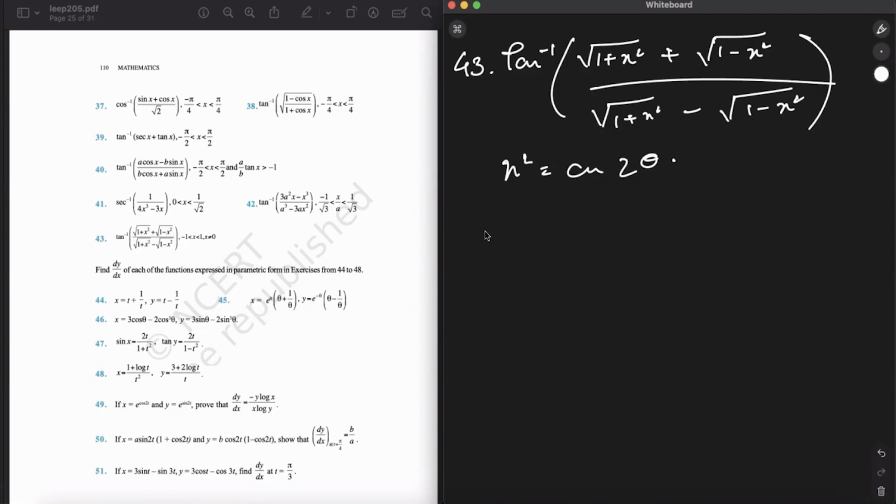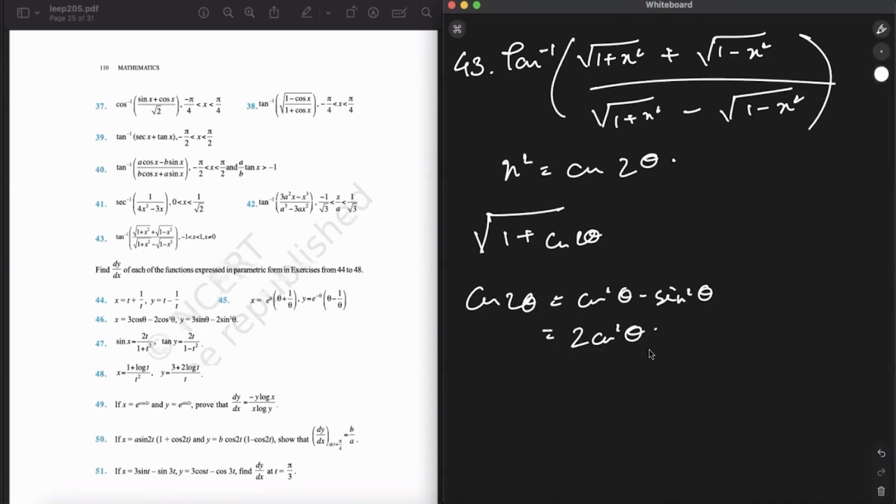If I do that, see, under root 1 plus cos 2 theta has been given to me, right? So 1 plus cos 2 theta can be written as cos square theta minus sin square theta. Not just this, I can write it as 2 cos square theta minus 1.